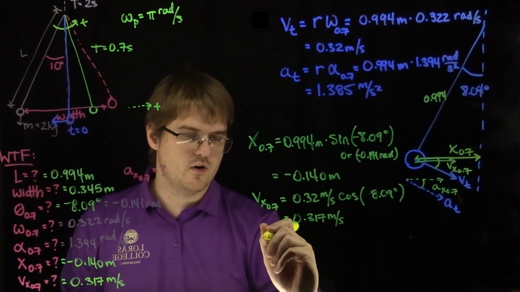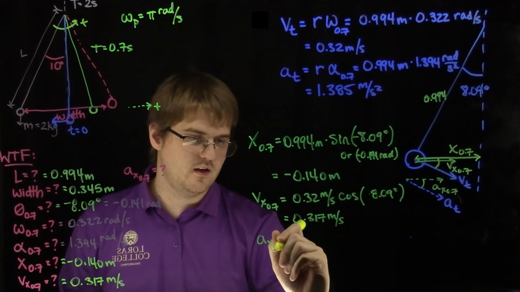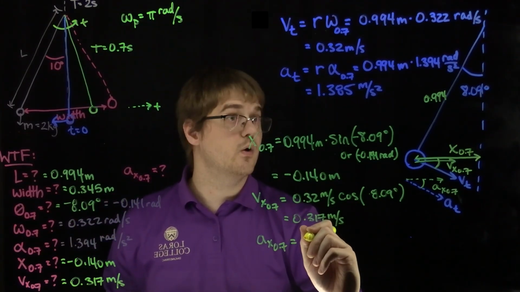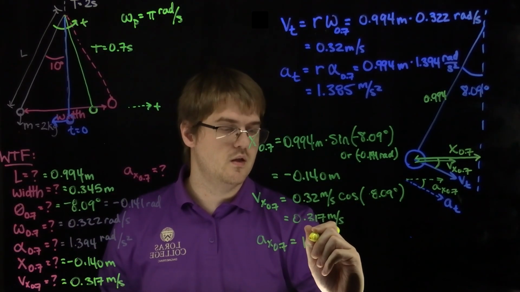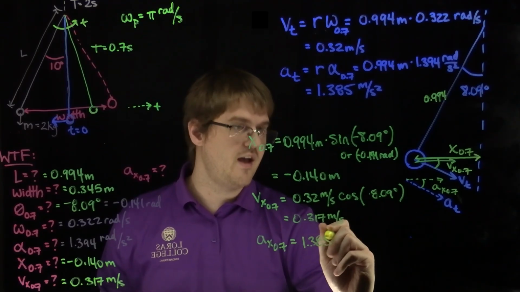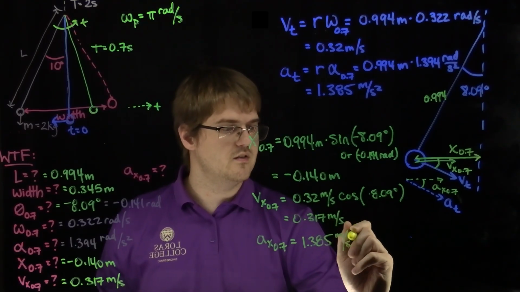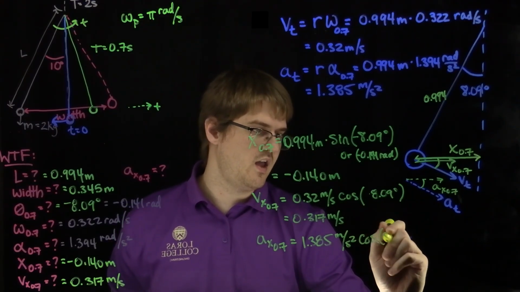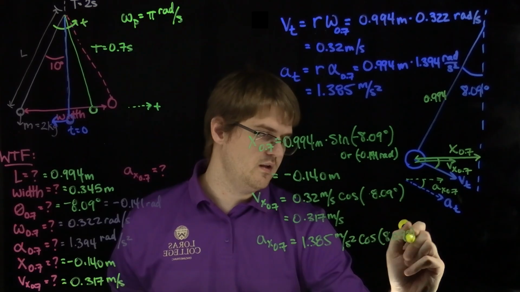And then we have our acceleration in the x at 0.7 is going to be our total acceleration, 1.385 meters per second squared, times the cosine of 8.09 degrees.